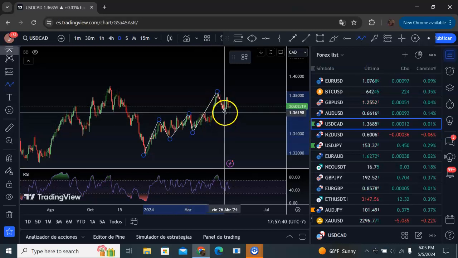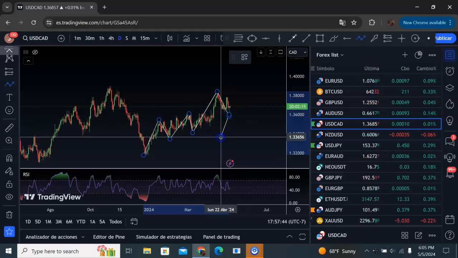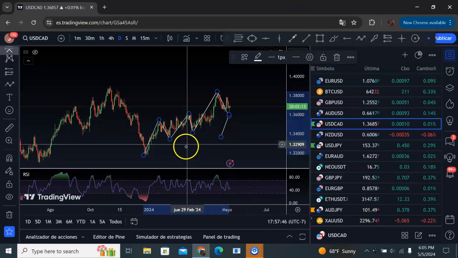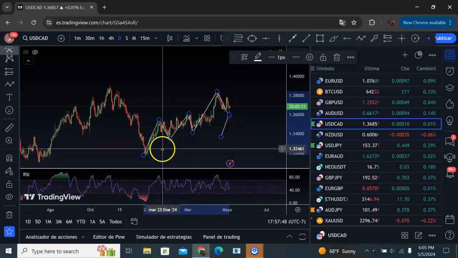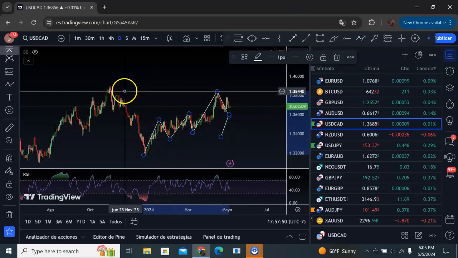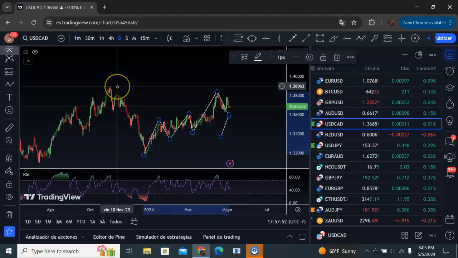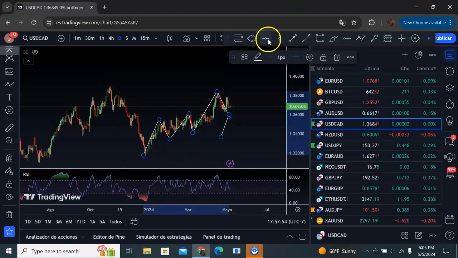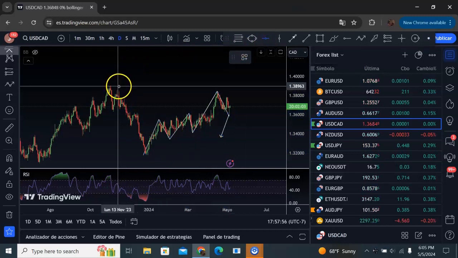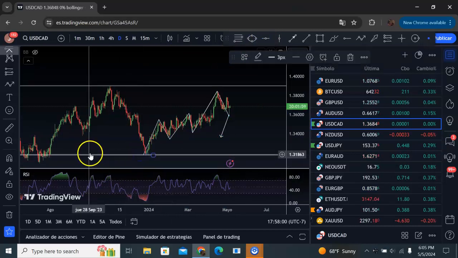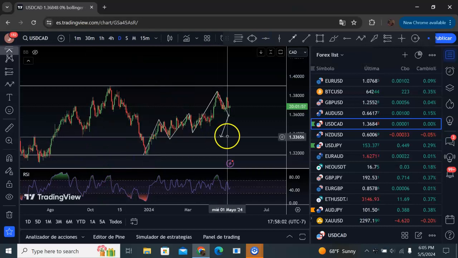Now the market is doing this. So I definitely consider this is still an uptrend, if you can see. But there's a resistance over here. That's a daily resistance. And so we are definitely in a sell zone.